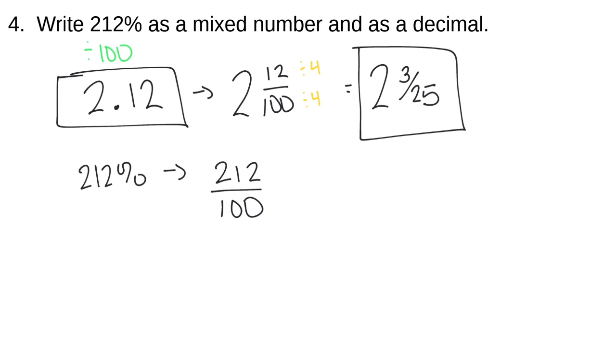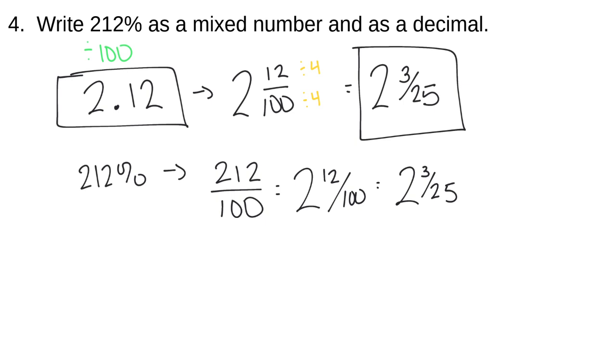To rewrite that fraction as a mixed number, we're going to do 100 into 212. That goes in 2 full times, and we would have 12 out of 100 left. Then we would again have to reduce that fraction, and it's still going to reduce to 2 3/25. Either way, you get the same answer.